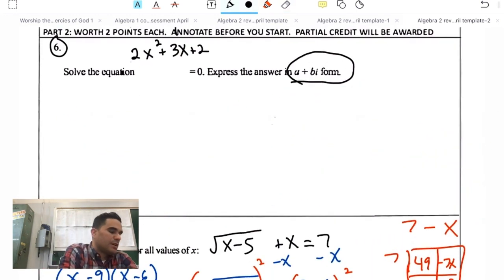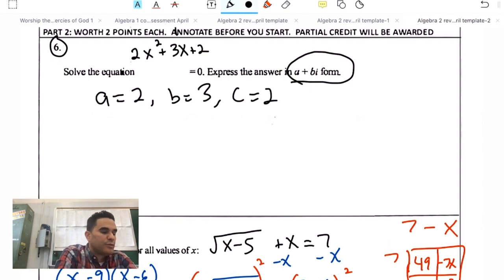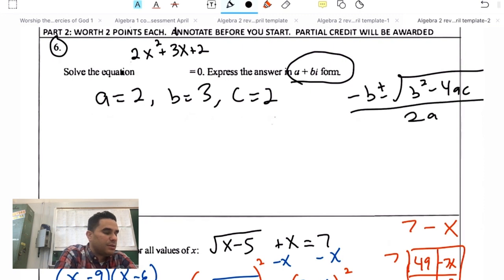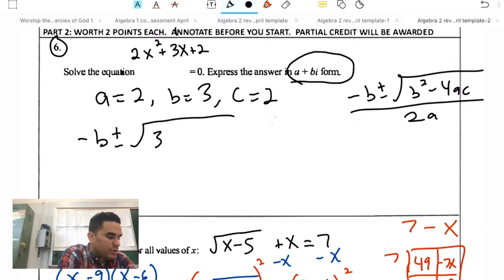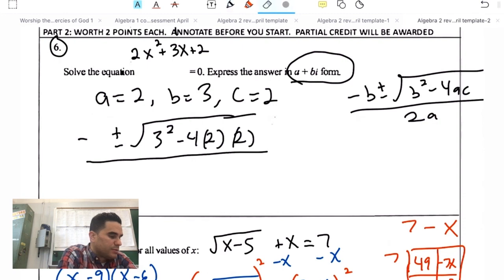All right, complex number, complex form. So we're going to identify a is 2, b is 3, c is 2. I use my formula, negative b plus or minus the square root of b squared minus 4ac, all divided by 2a. So we substitute negative b plus or minus square root of 3 squared minus 4 times 2 times 2, all divided by 2 times 2.